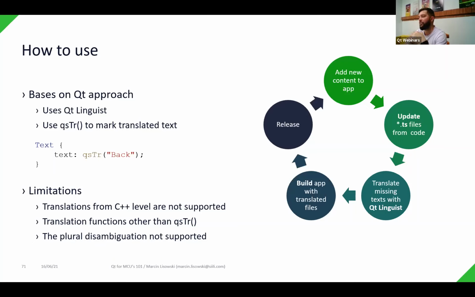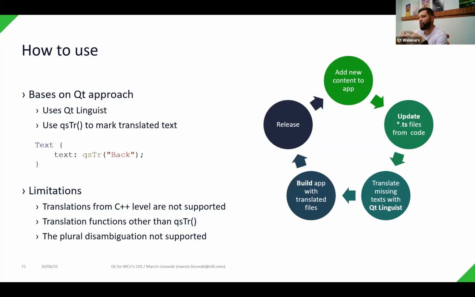If your files already exist, then they are just updated with the missing strings, and the strings that already exist and are already translated are not touched at all. So this provides you a way to incrementally add new translations to your app.